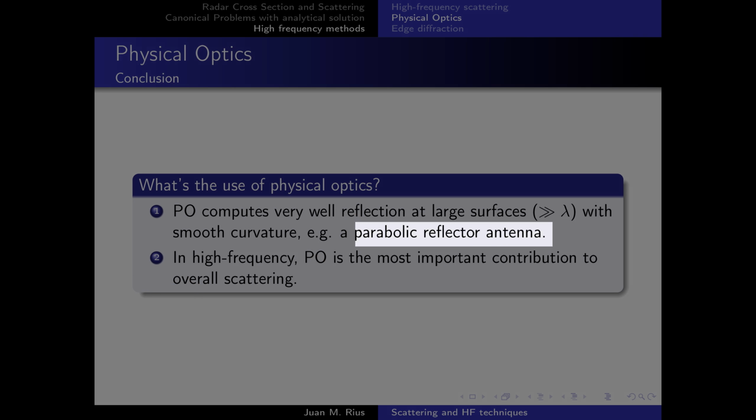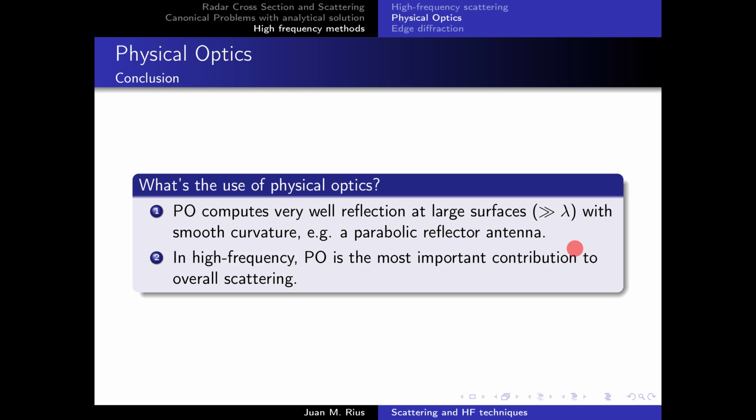In fact, most reflector antennas are too large compared to the wavelength to be analyzed by method of moments, unless you have a very powerful computer and a very efficient fast solver. Otherwise, you must use high-frequency methods to compute the radiation of a reflector antenna.